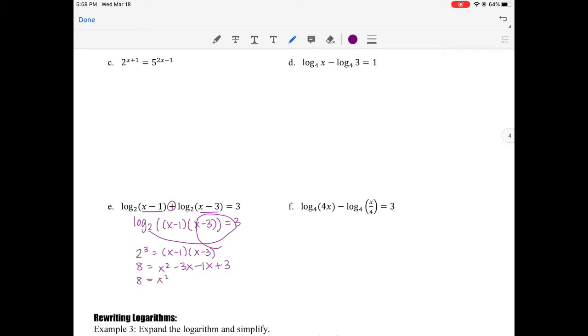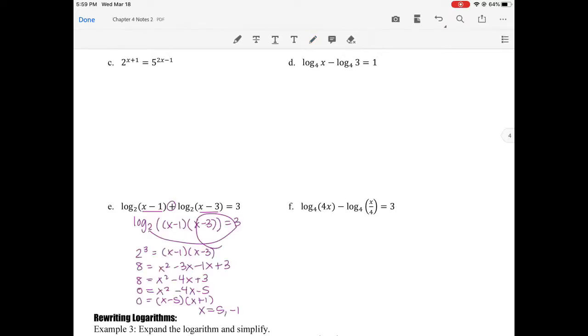So we get 8 equals x squared minus 4x plus 3. We want to set it equal to 0, so we're going to subtract 8. We get 0 equals x squared minus 4x minus 5. So now we're to factoring. We've got x minus 5, x plus 1, so x equals a positive 5 and a negative 1.